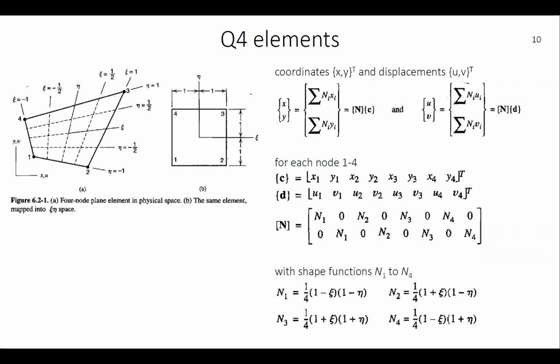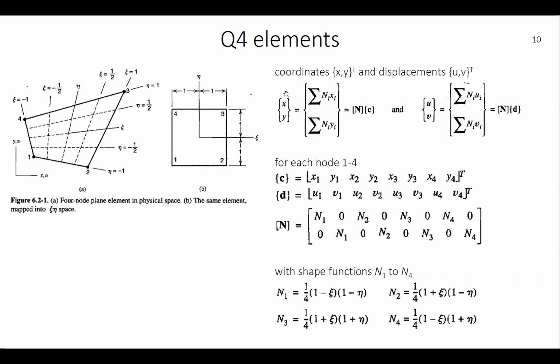So we have an assembly of the coordinates for each of the 4 node points, x1, y1, x2, y2, etc. We would like to describe this using the interpolation functions or the shape functions at any given position within the elements.